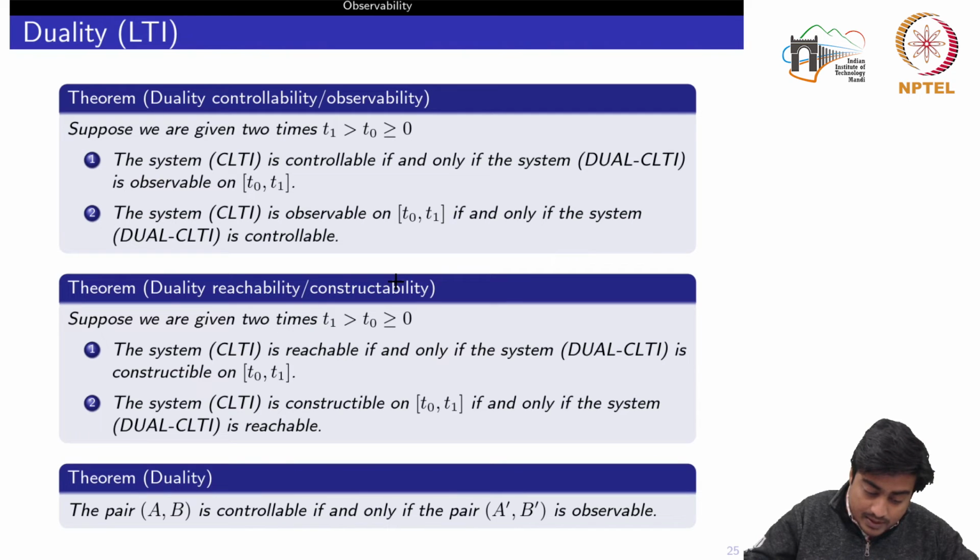We can also summarize these two results in the form that the pair AB is controllable if and only if the pair A transpose, B transpose is observable. This is only valid for the LTI system. We will see how these conditions vary for the LTV system.